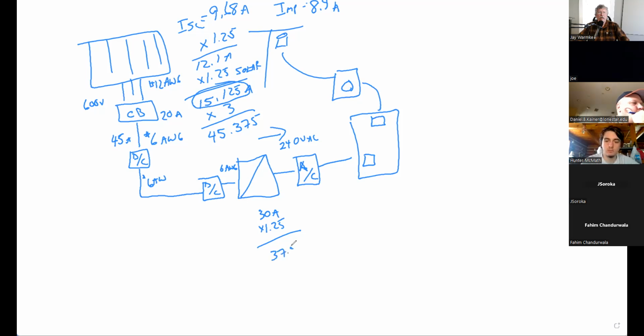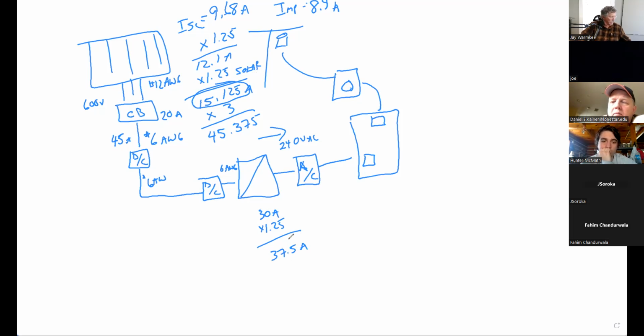Now, because it's gone through an electronic device, I don't have to worry about the variability of solar anymore. You only deal with the variability of solar until you get to the first electronic device, because after that the signal is mitigated. So at this point, this is our rating.